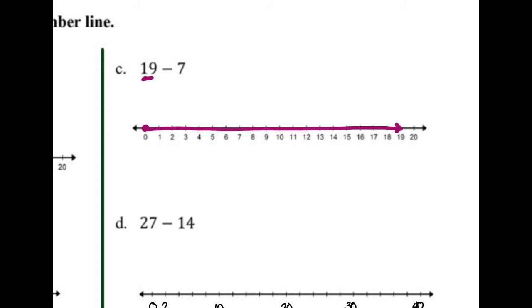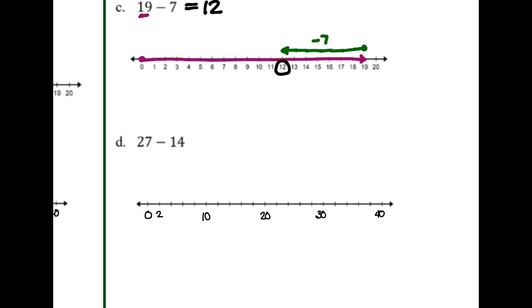Then we're going to start at 19 and go back 7: 1, 2, 3, 4, 5, 6, 7. So this is you subtracting 7. We're going back the way we started, 7 spaces, and we ended up at 12. So the answer to this is 12.